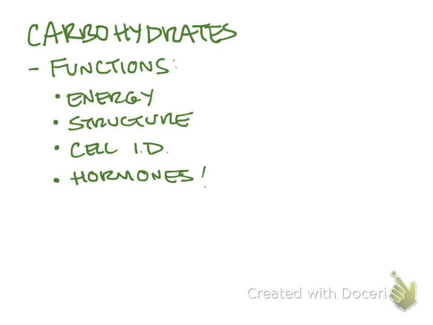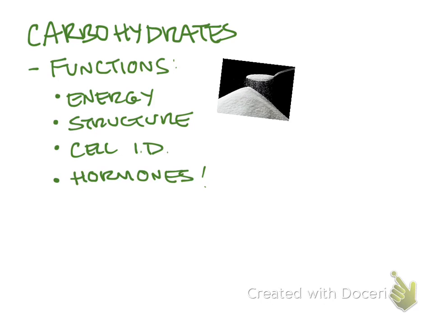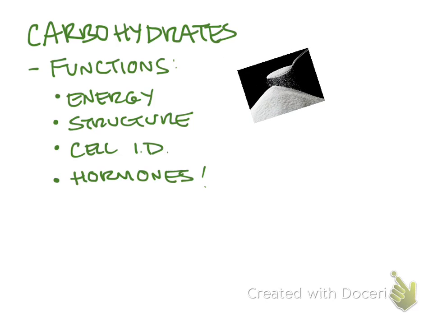Okay? So just to make sure I reinforce this properly with you, let me just add a couple things here. That was gigantic. So, there's sugar, it's a familiar carbohydrate. And let's see what else I can find here.